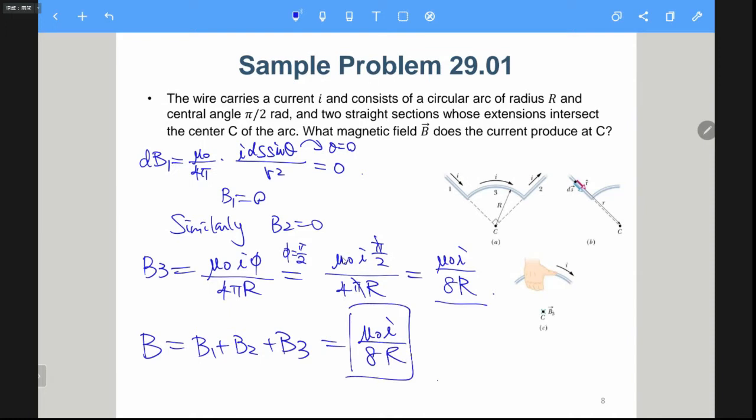And of course, the direction, although it only asks you the magnitude, actually you can also determine the direction. The direction is nothing but into the page, because you can just follow this rule. Your thumb follows the direction of I, and then your forefinger will be pointing into the page. So the direction will be into the page.